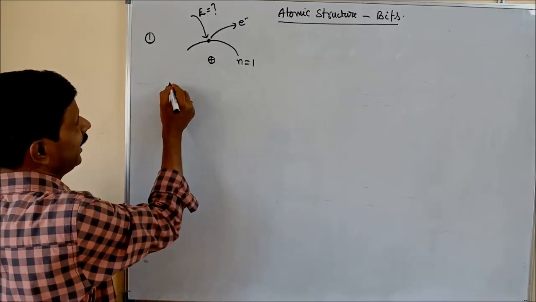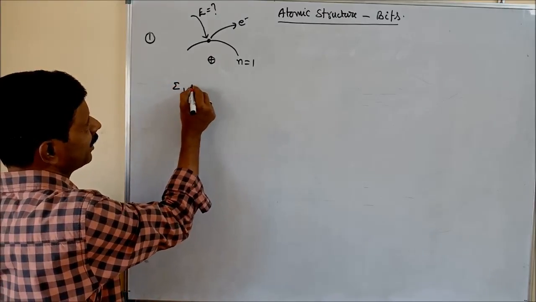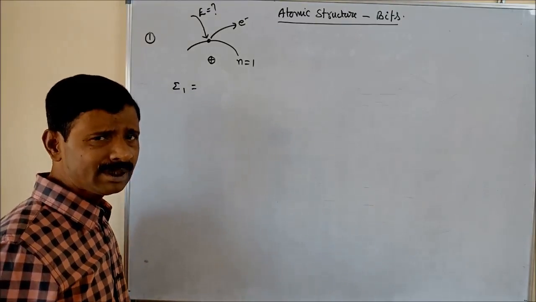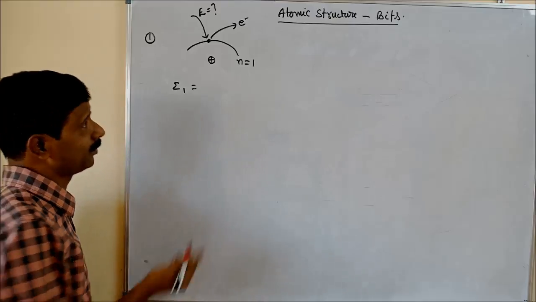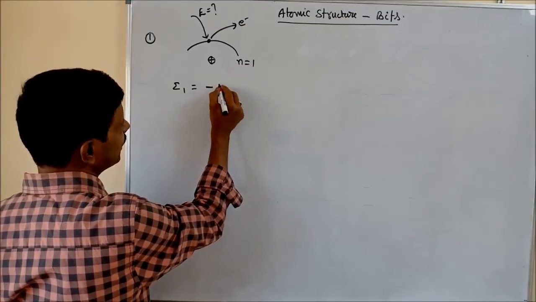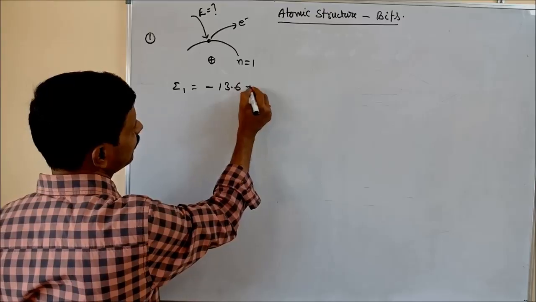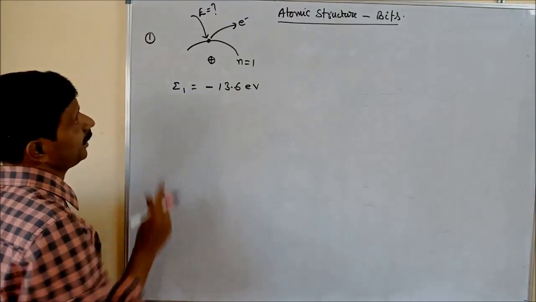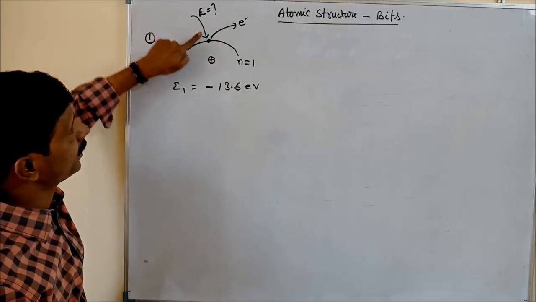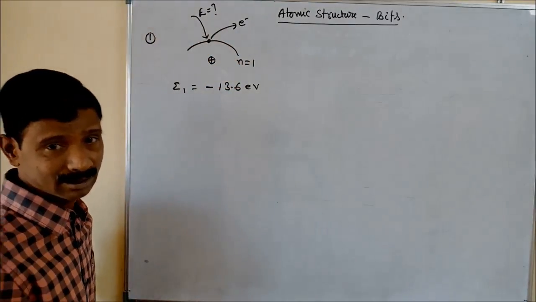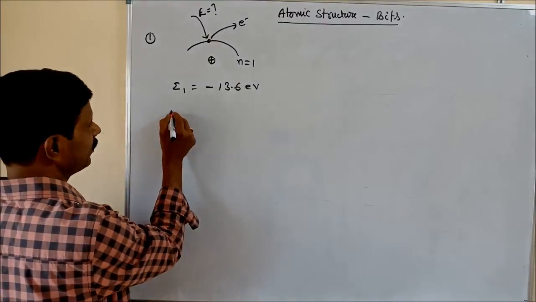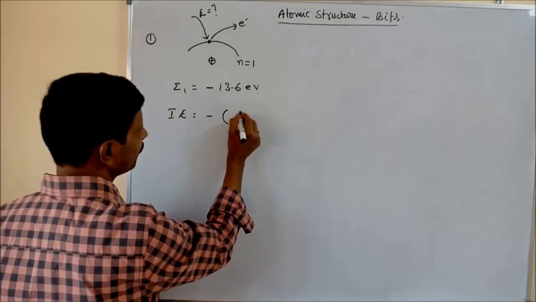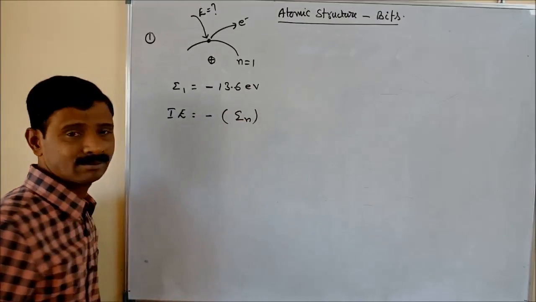If you understand the diagram, the electron is already present in the first orbit. First orbit means the energy of that electron E1, as you know the formula, is minus 13.6 into Z square by n square electron volts. As per that, the energy of that electron is minus 13.6 electron volts. The energy required to remove this electron is what we call ionization energy. For the hydrogen atom, ionization energy is nothing but minus of the energy of the electron.